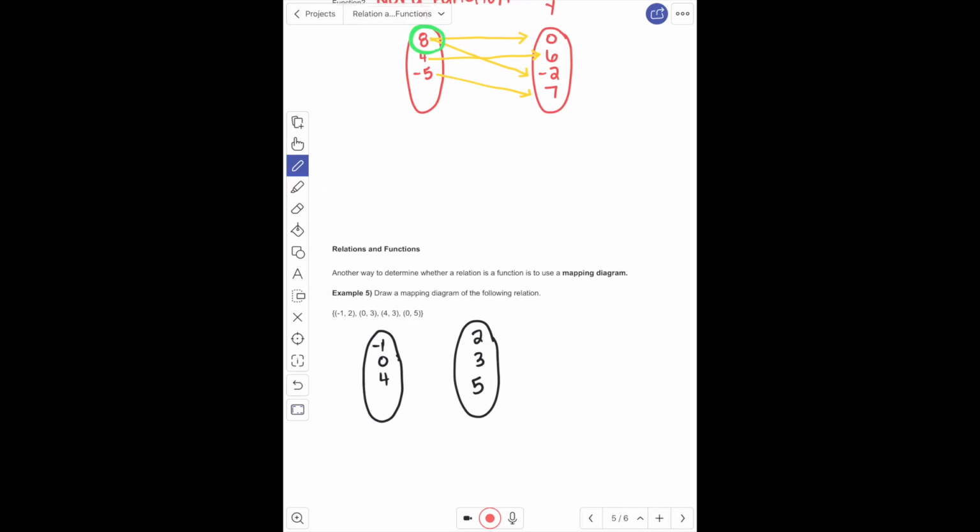So -1 is going to go to 2, 0 is going to go to 3, 4 is going to go to 3, and 0 is going to go to 5. Now, is this a function? The answer to that is no, because 0 repeats itself. I have 2 arrows going off of 0, so this is not a function. It's a relation, just like any other thing that we map any x to any y, but it is not a function. Remember, a function is a special relationship.